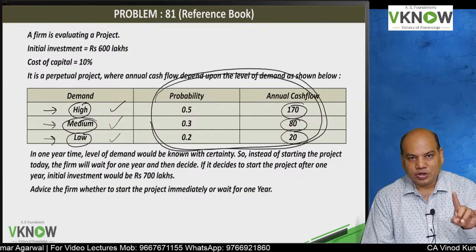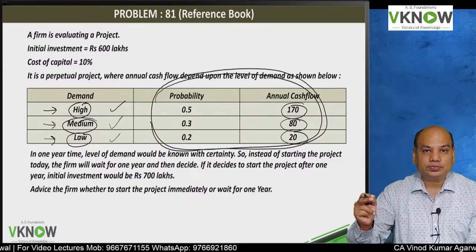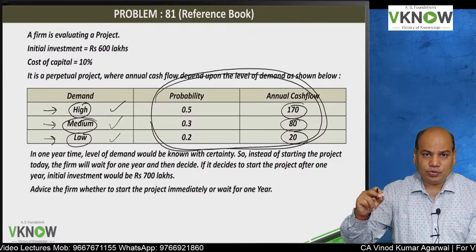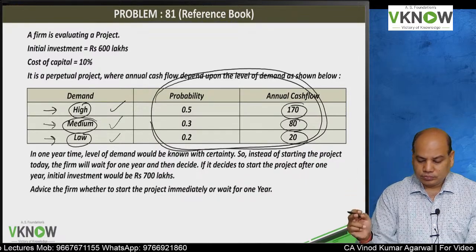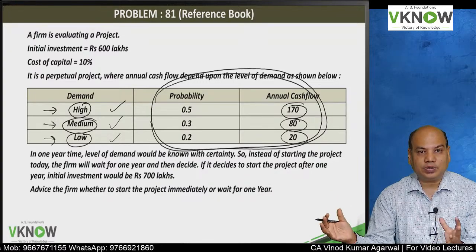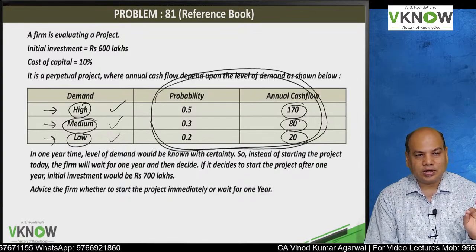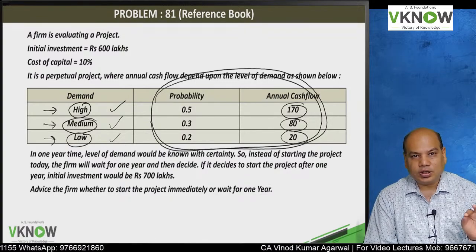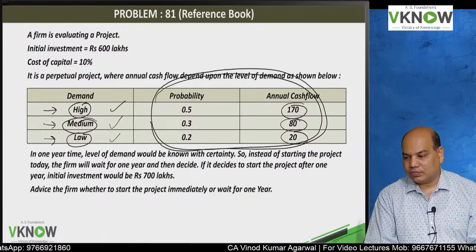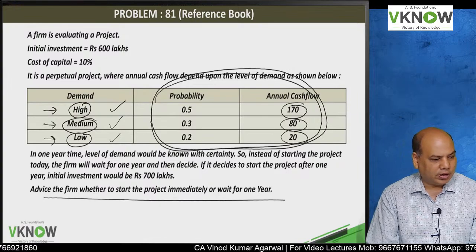If you are getting a positive answer, keep it as it is, and then compute the expected NPV if you wait for 1 year. Select that option which has higher NPV. If start now gives you higher NPV, start now. If waiting for 1 year gives you higher expected NPV, wait for 1 year. That is the question. Start now or wait for 1 year?